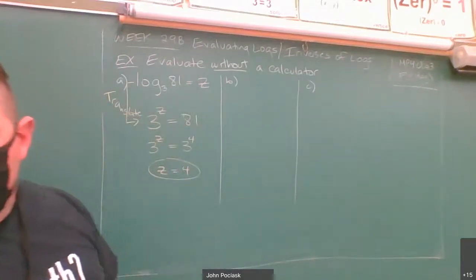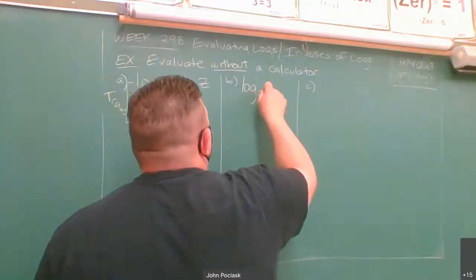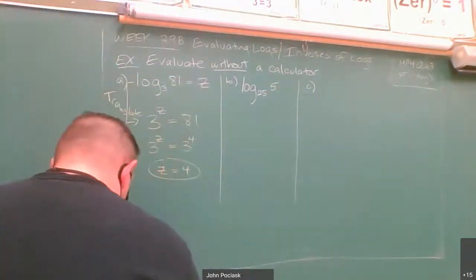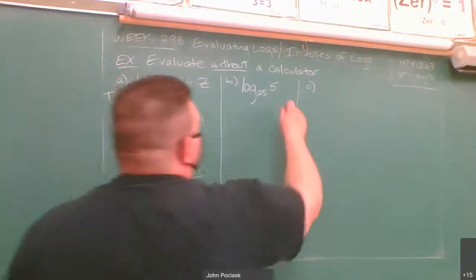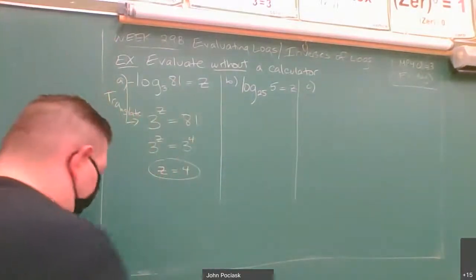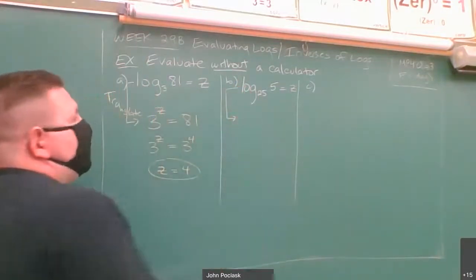Let's do the log base 25 of 5. Again, I'm going to say that's equal to Z. I'm going to call my answer Z. I'm going to translate this.